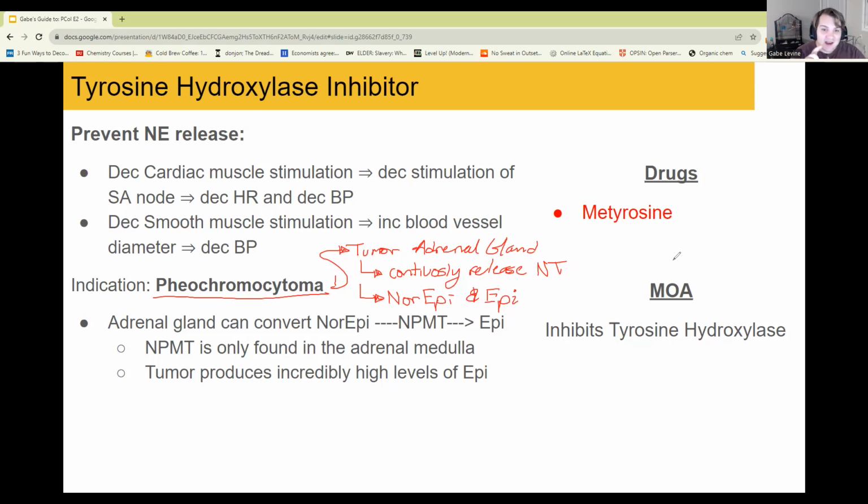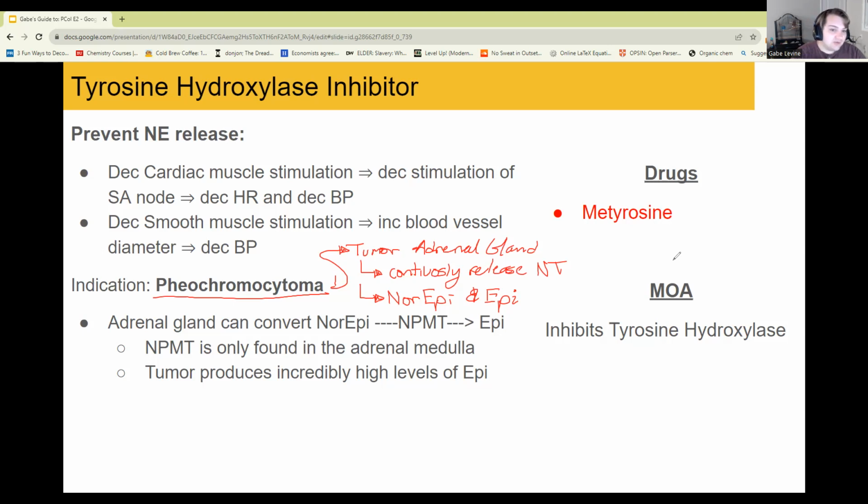So you're not going to have excess levels of dopamine. You're not going to have excess levels of norepi or epi, right? So the only time that we really use metyrosine is when we're talking about pheochromocytoma, all right?